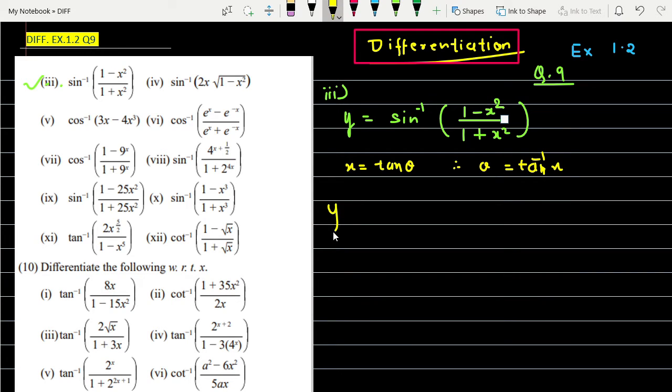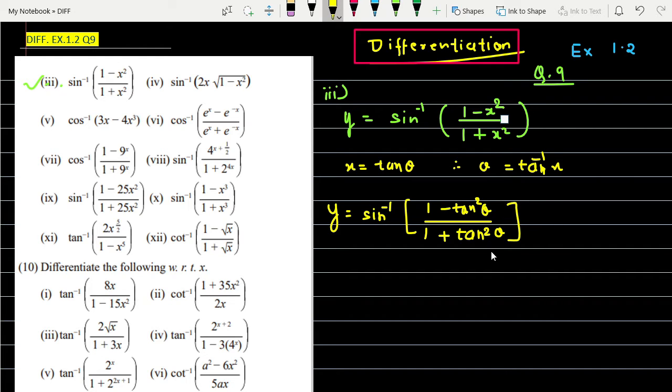So y is equal to sin inverse of (1 minus tan square theta) upon (1 plus tan square theta).